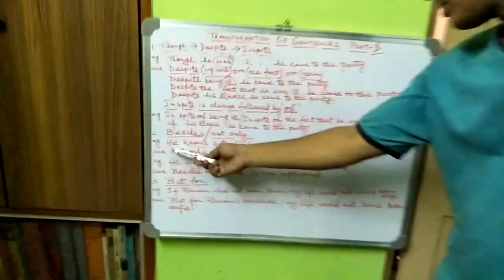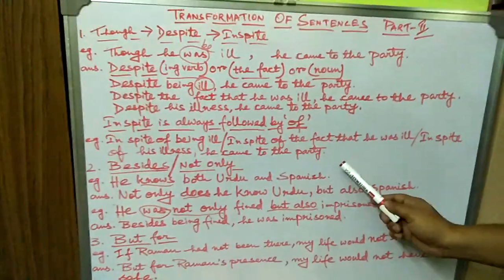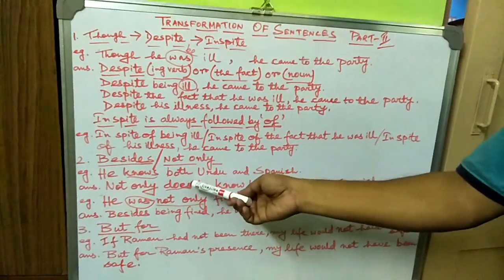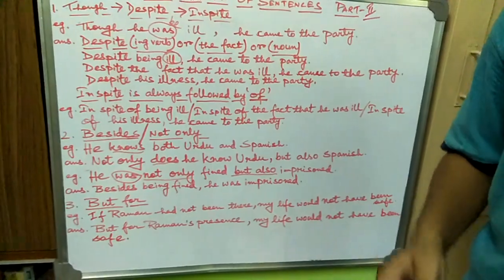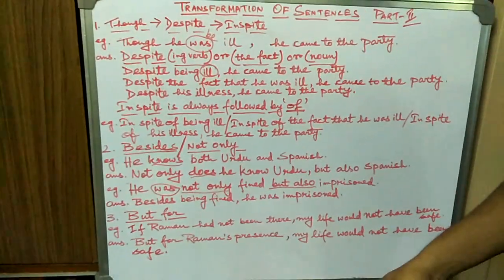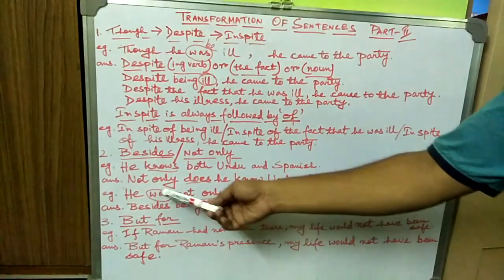Look at this: he knows both Urdu and Spanish. In the bracket the instruction is given: remove both or use not only. Whenever you use not only in a sentence, both is automatically removed. So we begin the sentence with not only.